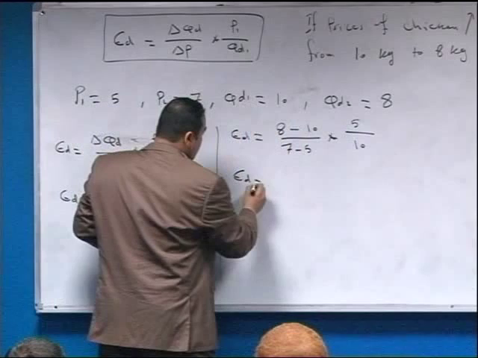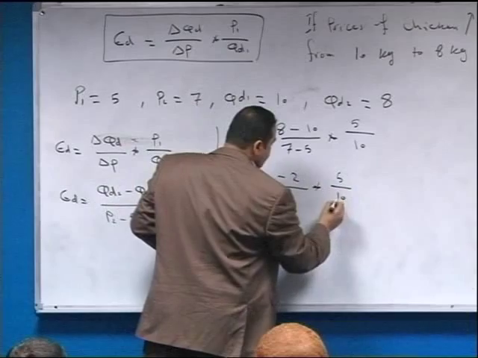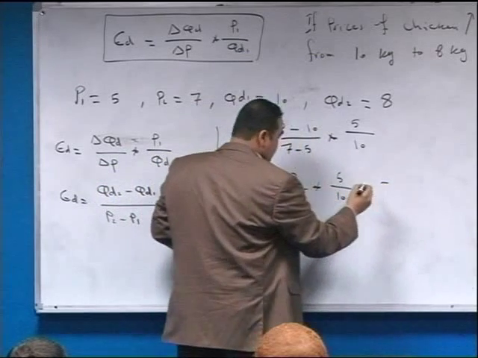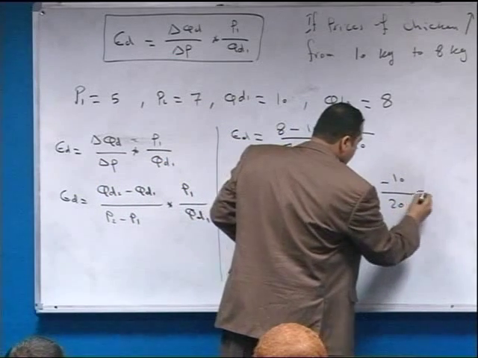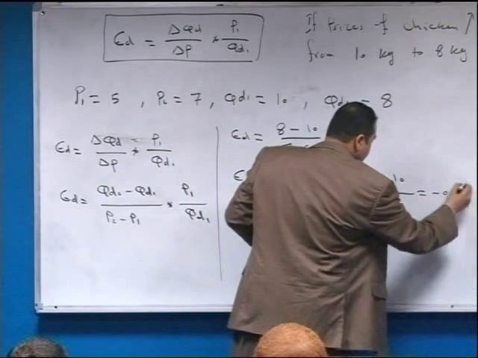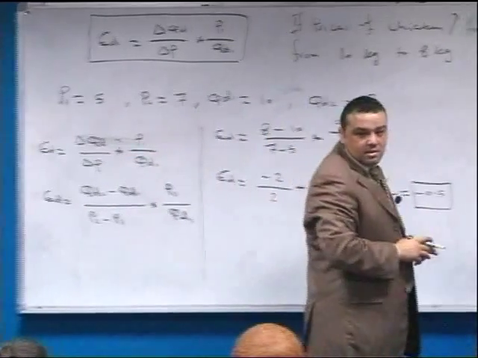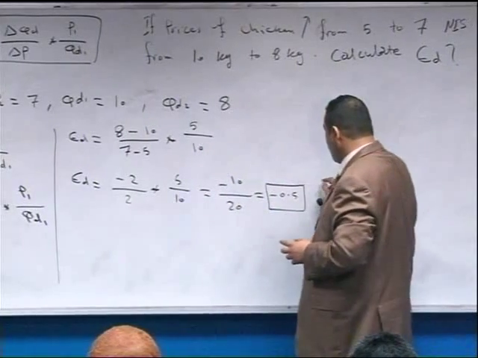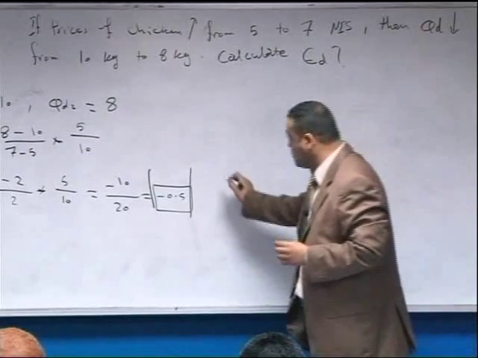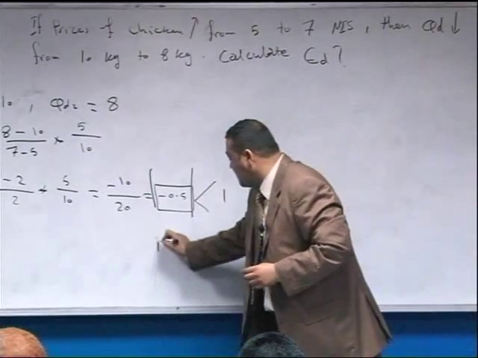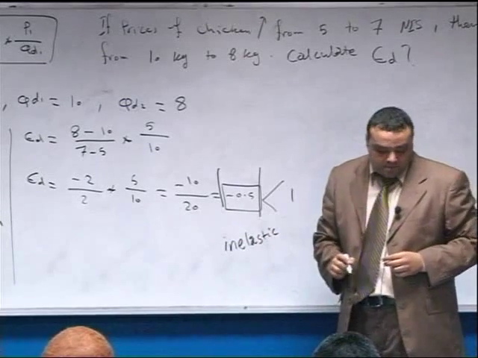ED equals minus 2 over 2 times 5 over 10, which is minus 10 over 20, equals 0.5 in absolute value. It would be inelastic, right? So the demand for chicken in this case, the absolute value of price elasticity of demand is less than 1, so it would be inelastic. Right? Okay.